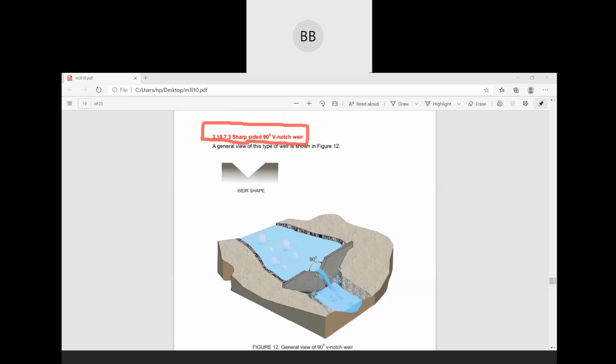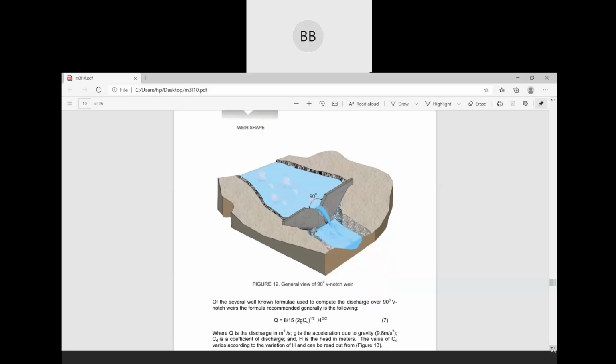So it's a 90-degree V notch. Okay, so you can write down this equation, equation number 7, for V notch 90-degree.